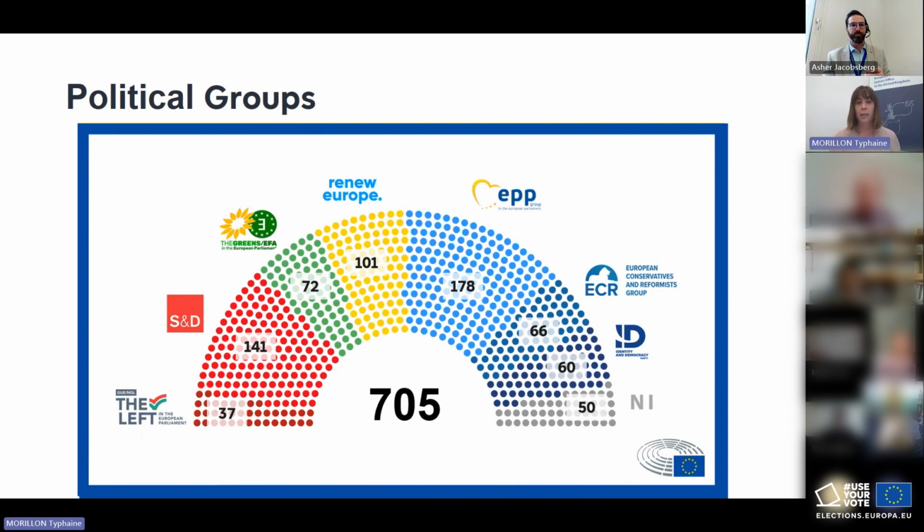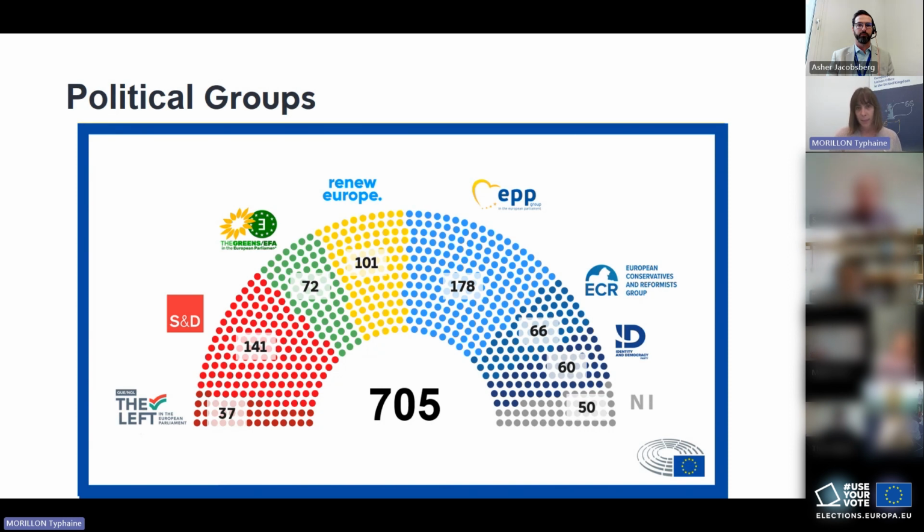So obviously, the bigger the group, the bigger the influence, then the bigger the number of legislation that they can work on, the highest number of high-level positions they can have. Obviously, that is far lower for the smaller groups.